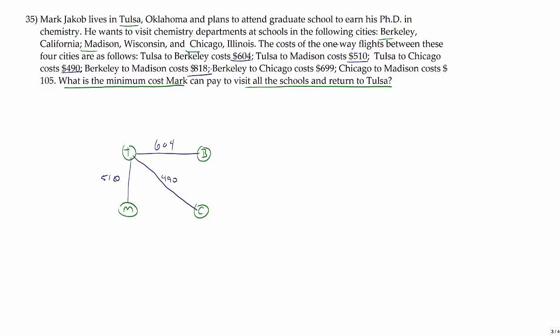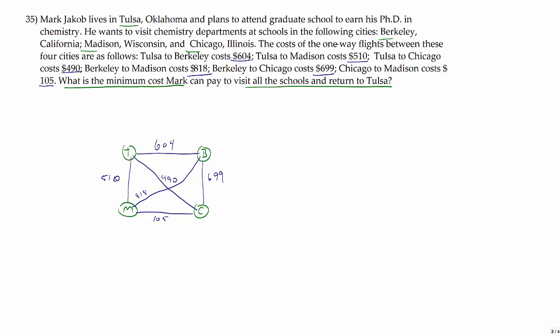And Berkeley to Madison is $818. And let's see, Berkeley to Chicago is $699. And Chicago to Madison is going to cost $105. Okay, so first we got to get our model done.